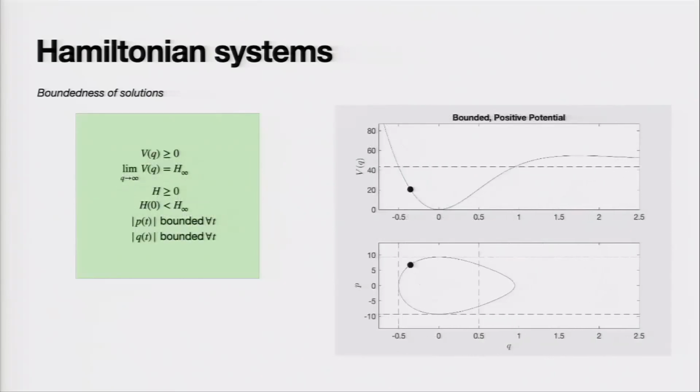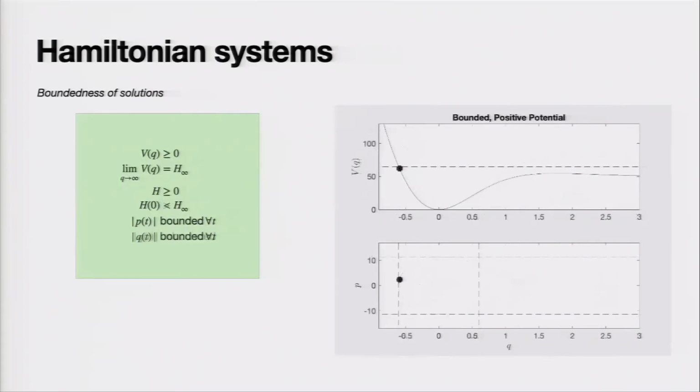And then you can have even weirder potentials, where this one, for example, doesn't go to infinity, but the initial energy is lower than the asymptote at infinity. And again, you have bounded motion in both Q and P. Another case is the same potential as before, but where the initial energy is larger than the asymptote at infinity.